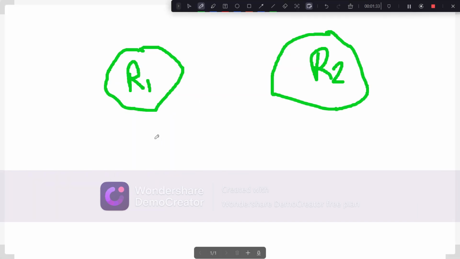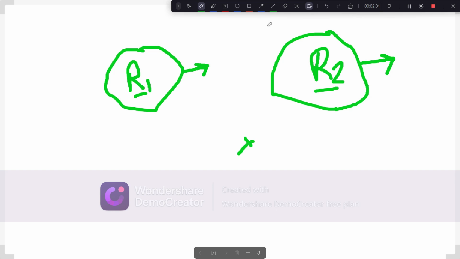So before jumping to any solution of this problem, let's talk about collision. Suppose these are two robots, R1 and R2. If both of them are heading towards left, they will never collide. On the other hand, if both of them are heading towards right, then also they will never collide.